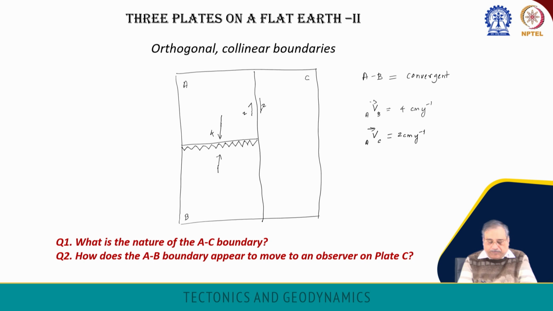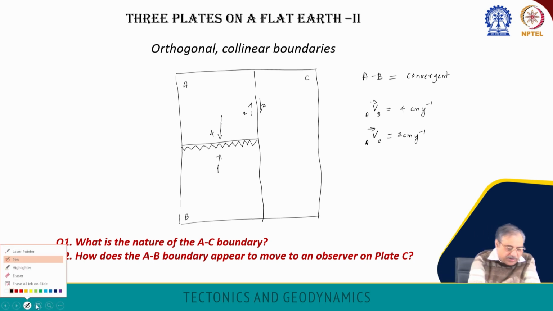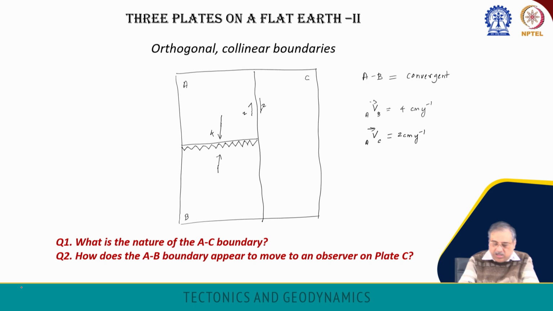Okay. So now the question that we would like to ask, let's make it red now, is about this boundary. We would like to know what is the relative velocity of C with respect to B. What is this?